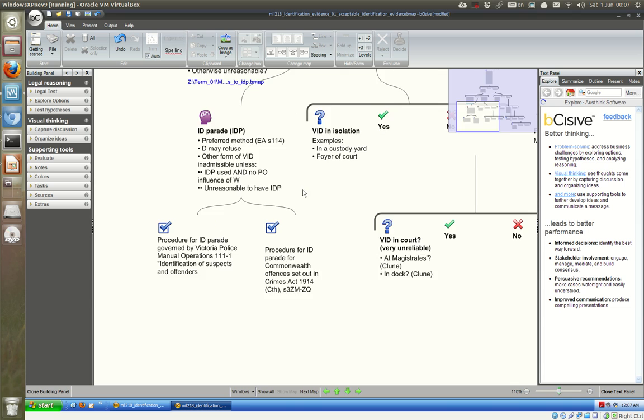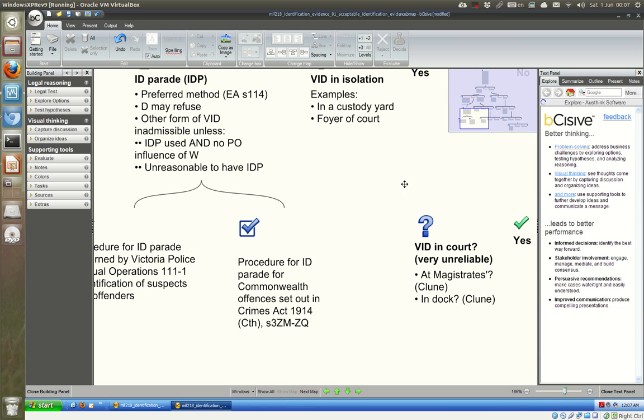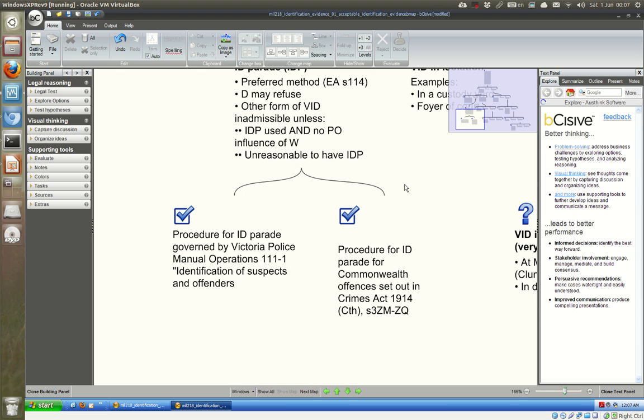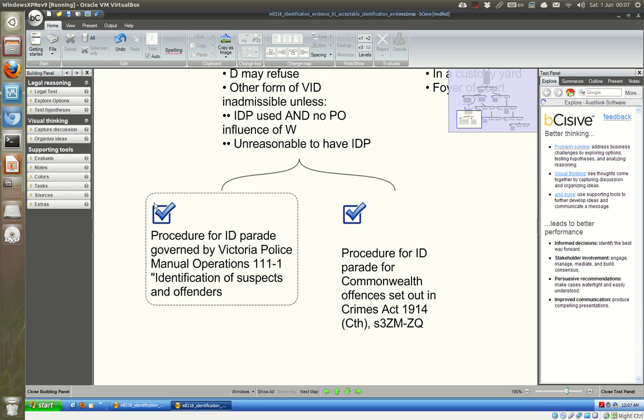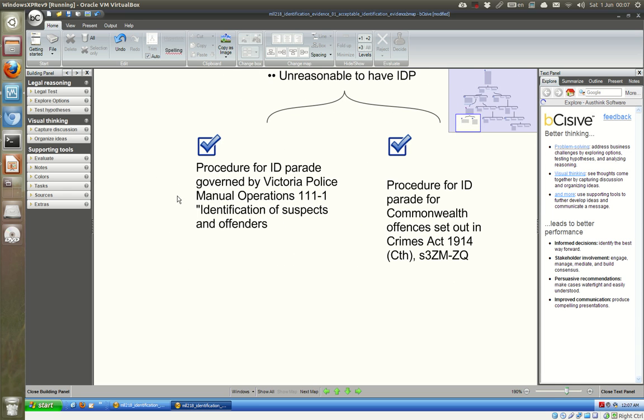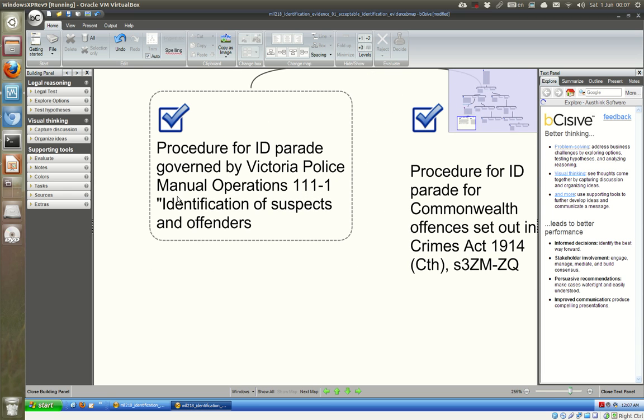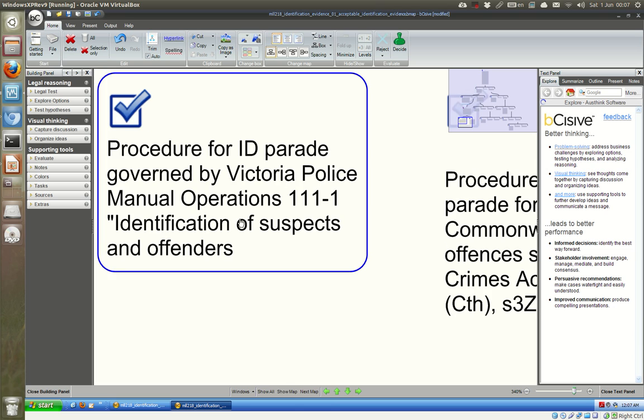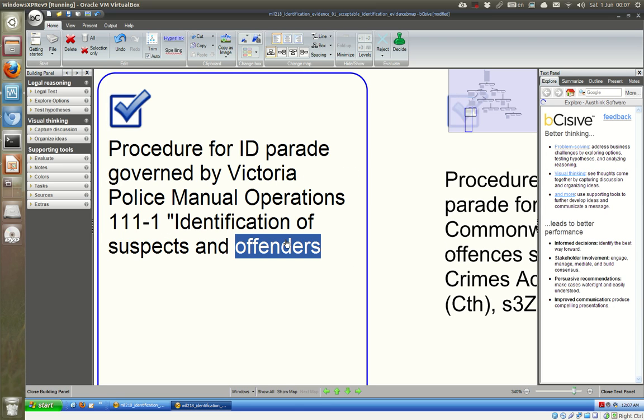And although in the Victorian legislation there is no outline of the procedure, it is governed in Victoria by the Victoria Police Manual Operations, section 111, subsection 1, titled Identification of Suspects and Offenders.